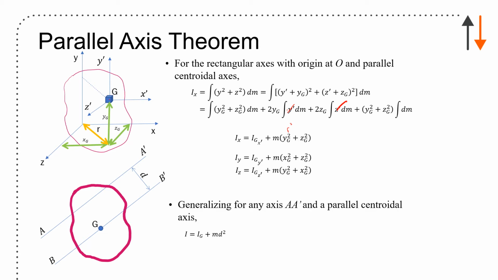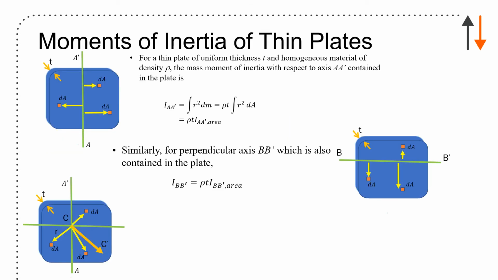Now, if you do this as an arbitrary shape, and it doesn't matter that I can't draw 3D, but you could imagine it in any direction, rotated about here, the perpendicular distance from AA prime to BB prime is just going to be d, and I about, say, axis A is just IG plus m d squared.